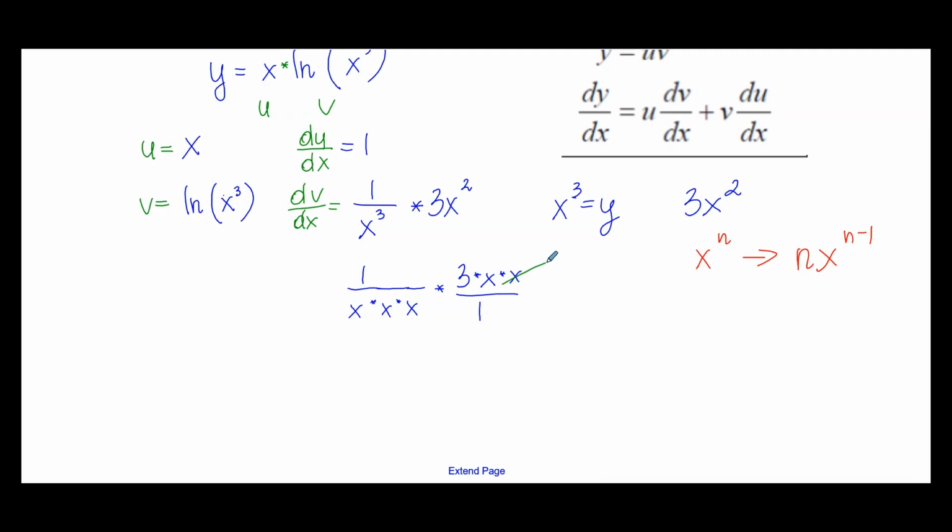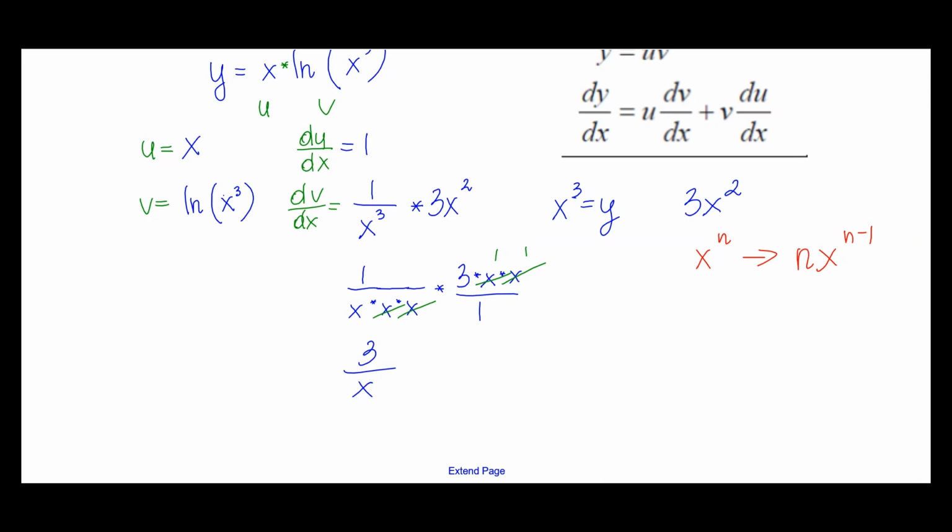So I can clearly see that those x's will simplify out, because x by x is 1. So really what I have is 3 on top of the fraction, because 1 multiplied by 3 is 3, and x multiplied by 1 is x. So that's my second derivative.